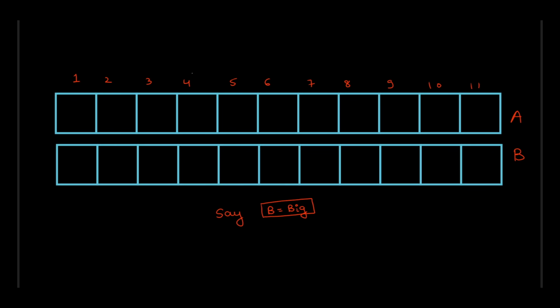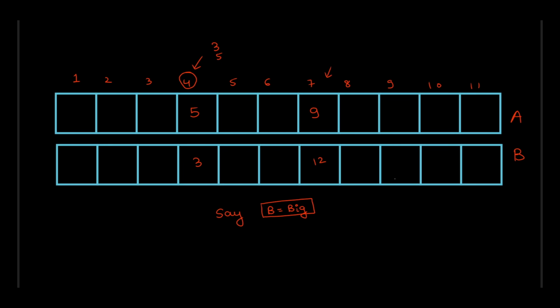For example, if at index 4 A contains 5 and B contains 3, then you swap these two elements and you make this 3 and 5 at this position. If at index 7 A contains, let's say, 9, but B contains 12, then you don't touch this element at all.